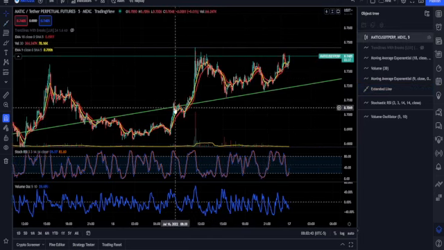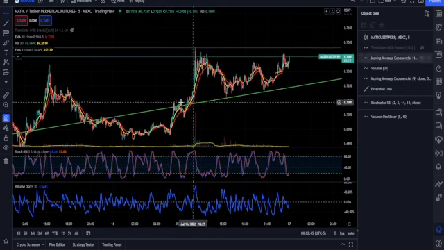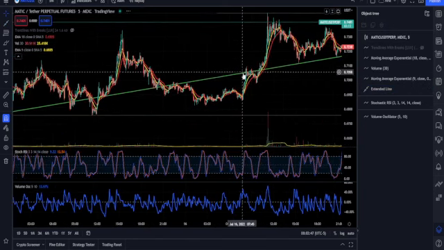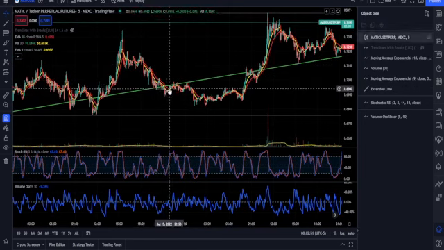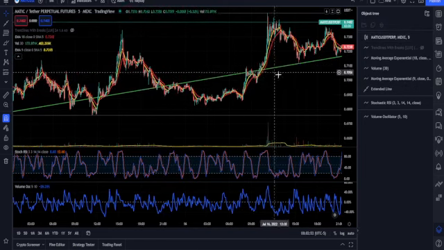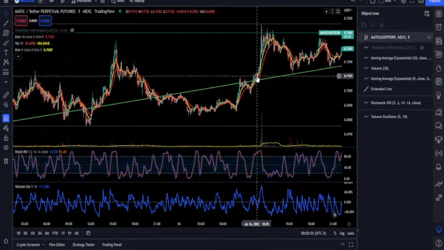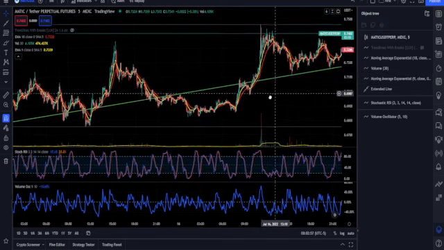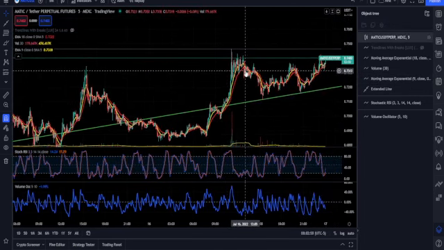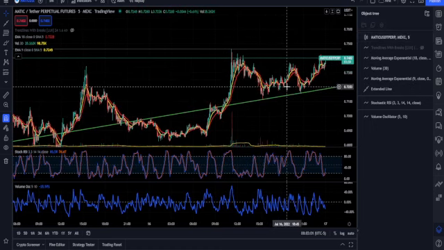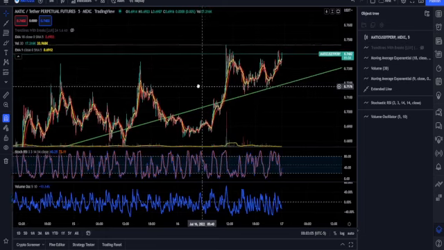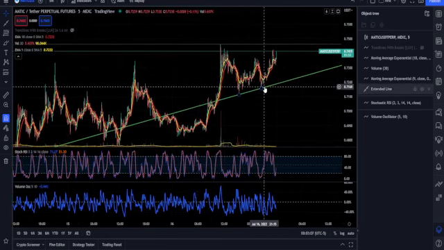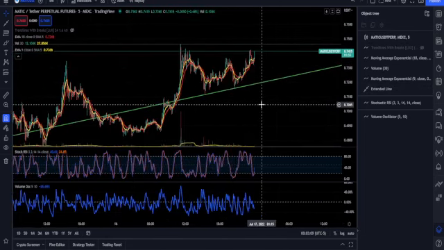We can see that this uptrend has been resistance and support in the past. Here it's support, here it's resistance, resistance. We bounced up, we came down, we tagged it, and then we bounced up, we come down, we tag it. So this is a heavy support line slash resistance line.